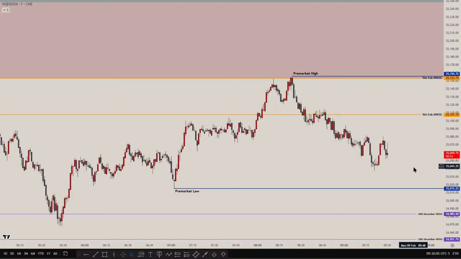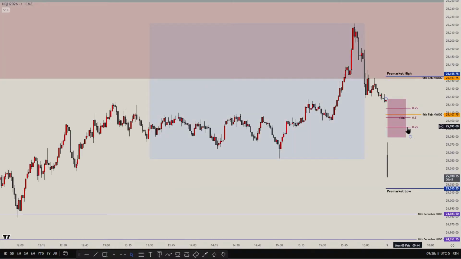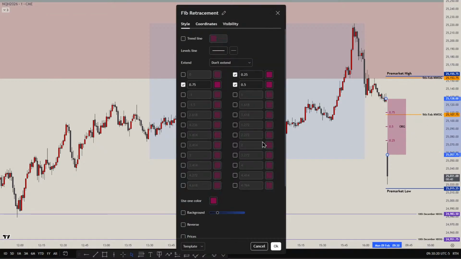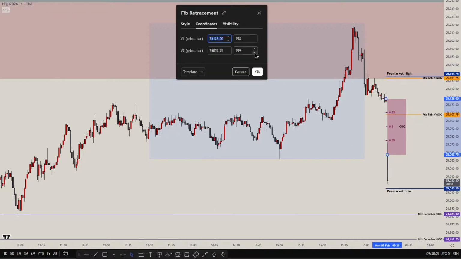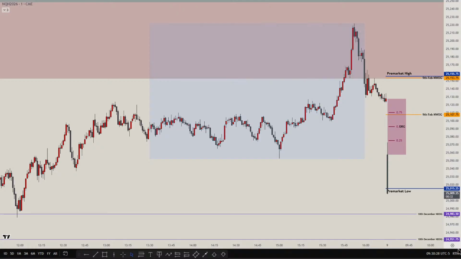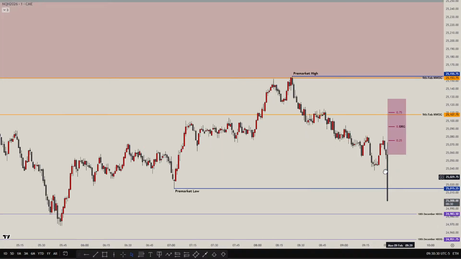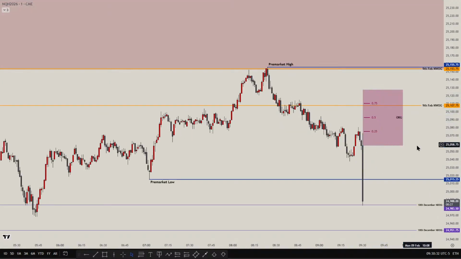9:30. I'm just going to extend this forward now. Okay, that's pre-market low.